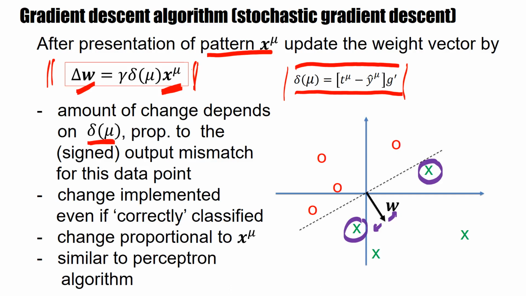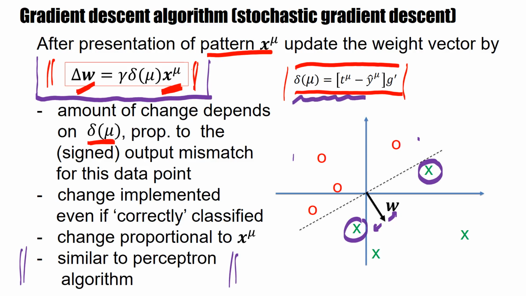And now if you look at this formula for the update, well, this is in fact absolutely similar to the perceptron algorithm. The only thing that has changed is the definition of this delta. For the perceptron algorithm, it didn't have the term G prime, and the output for the perceptron algorithm was always a binary output, 0 and 1, whereas here it's this smooth output. But the geometric interpretation is exactly the same.